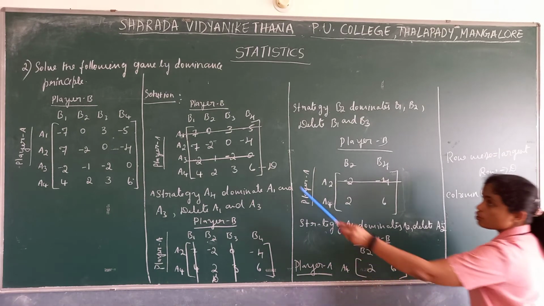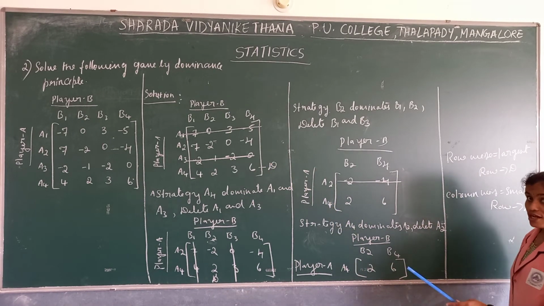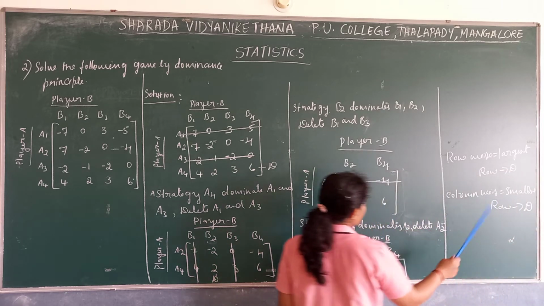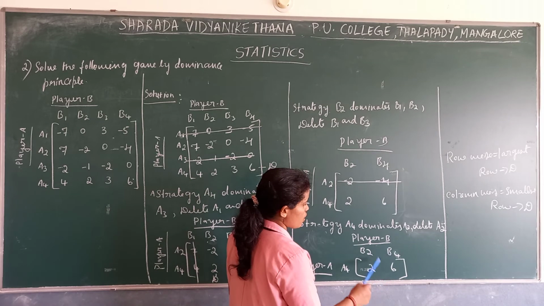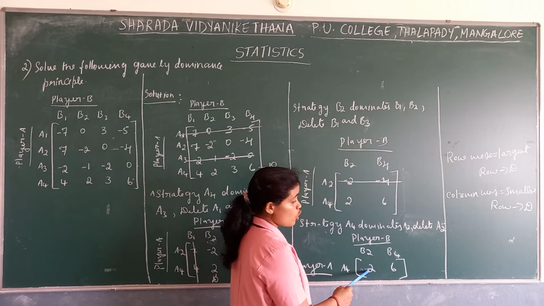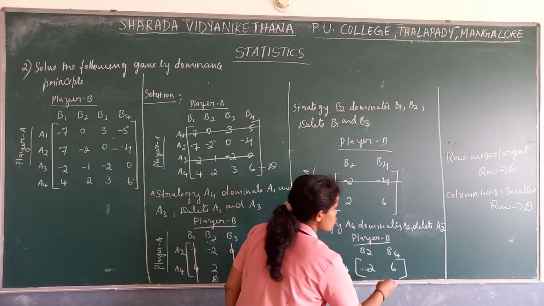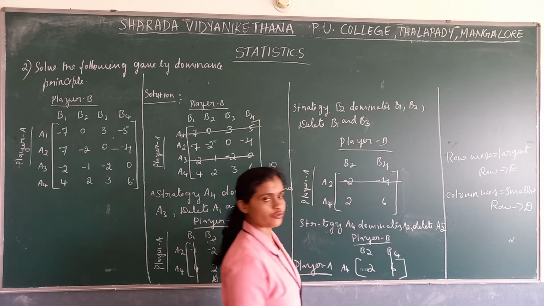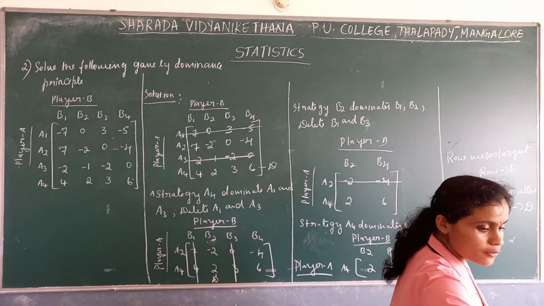Now row wise, column wise, row wise, again we have to go column wise. Column wise, we have to find the smallest column. The smallest column is 2. So this is dominating now. 2 dominates the other one. So strategy B4, value 6, we have to delete. So what will remain at the end?